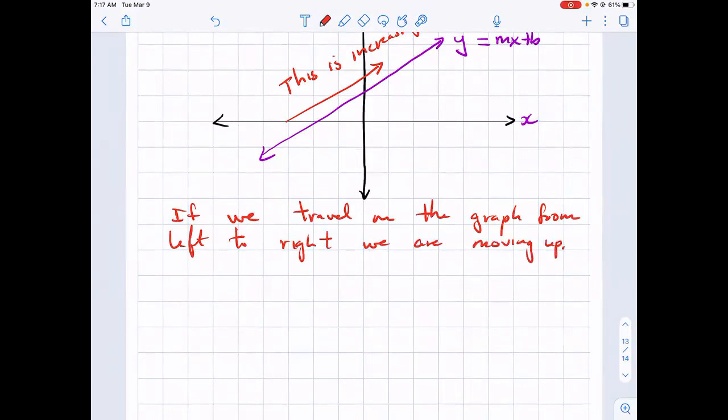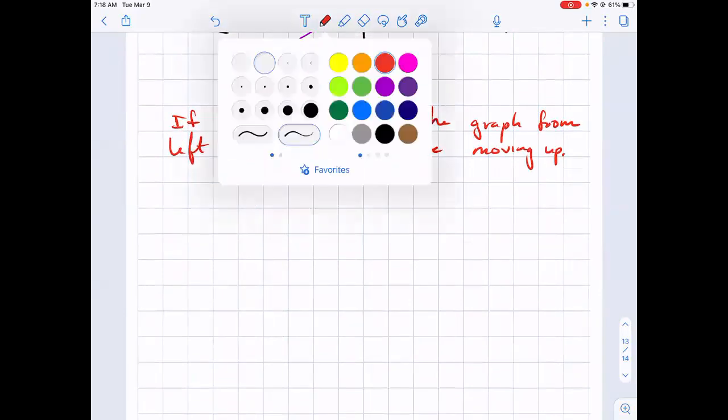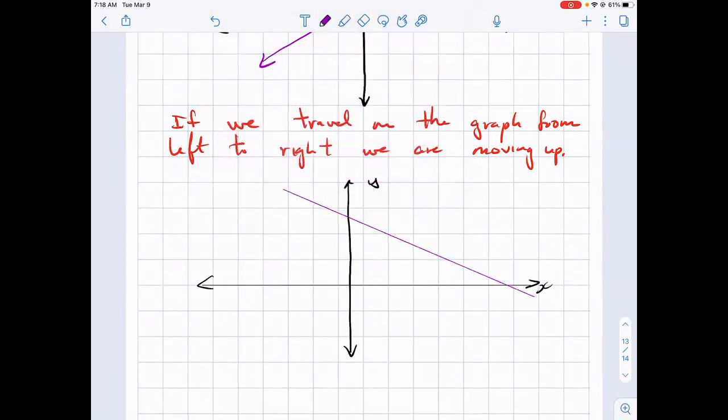Okay, we're moving up. Anytime we travel from left to right. So if we look at this example, we want to make sure we travel from left to right. Here we will be decreasing.